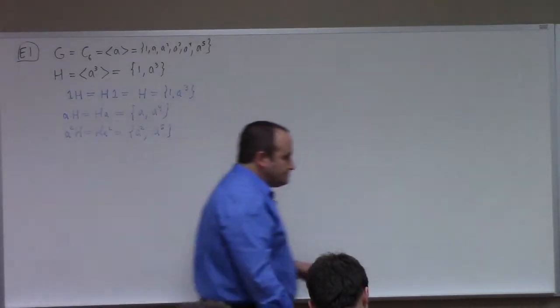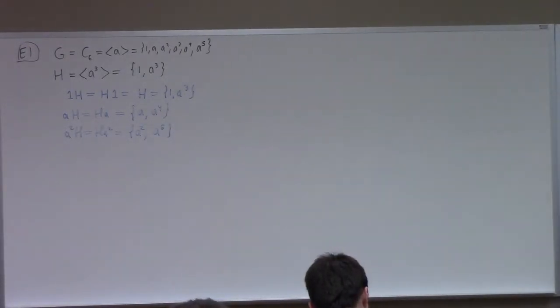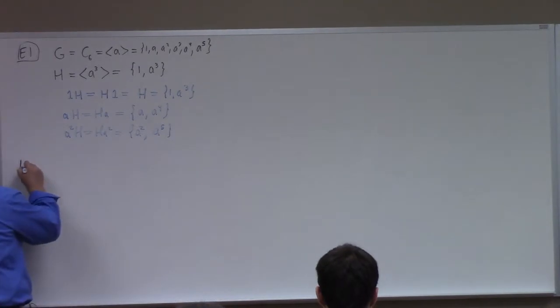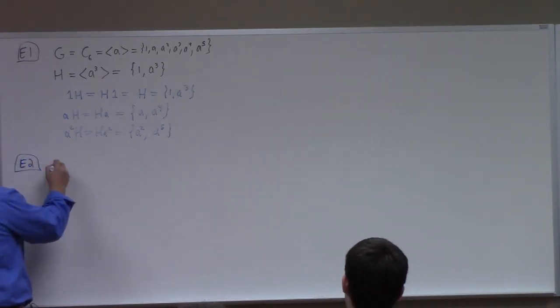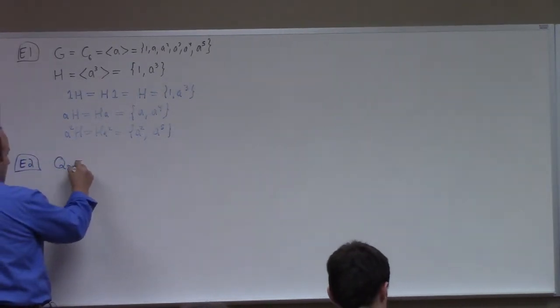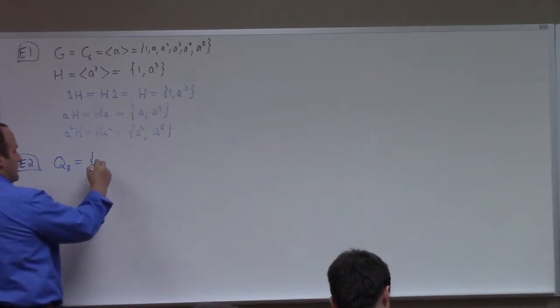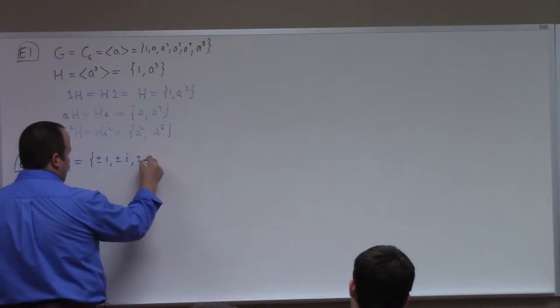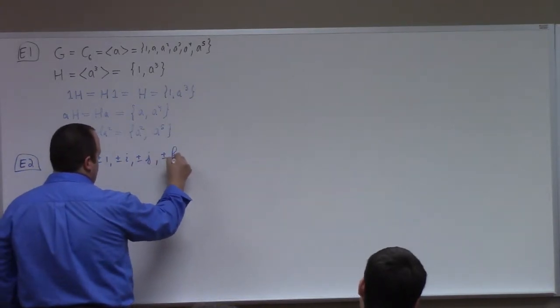Example 2, the quaternion 8 group. You guys remember the quaternion 8 group? Q8, which would be plus or minus 1, plus or minus i, plus or minus j, plus or minus k. It's got 8 things in it.